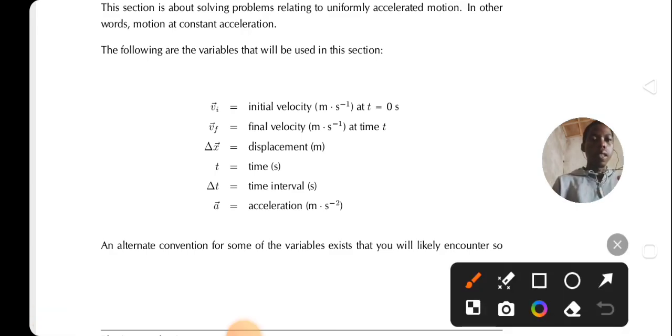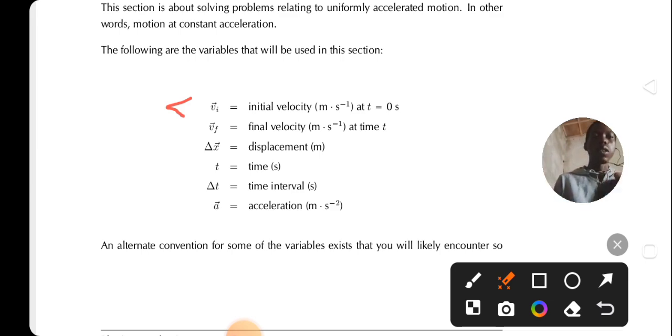So we have v_i, which is initial velocity. Sometimes in some textbooks we use u as initial velocity, but here we are going to use v_i, initial velocity, and that bar is indicating that velocity is a vector quantity.